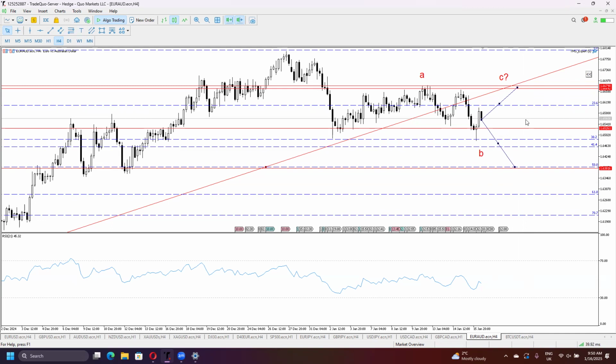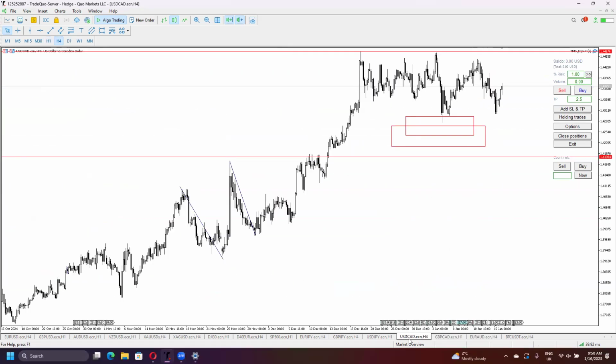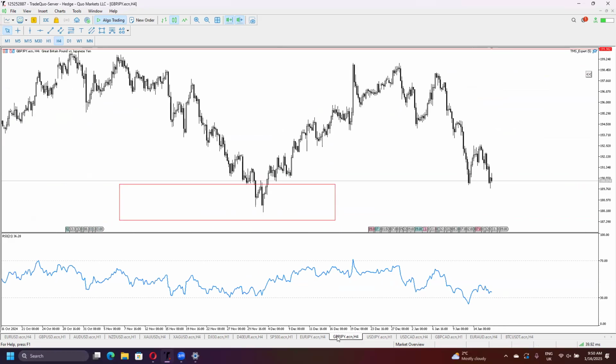So simply speaking, to sum up, this Euro Audi is in the standby mode for me, but the scenario is pretty clear. GBP CAD is ready to buy. USD CAD, I would leave it in the standby mode. USD JPY, I will wait for a 50% to think about selling again after overbalance.